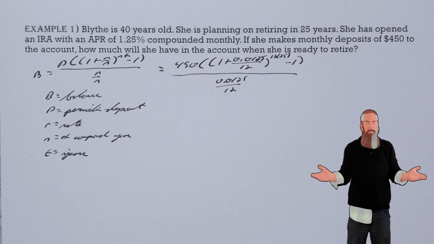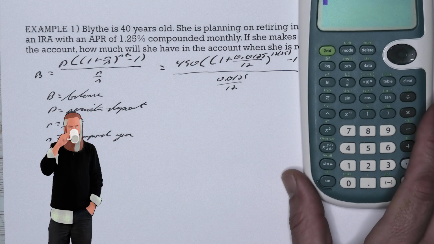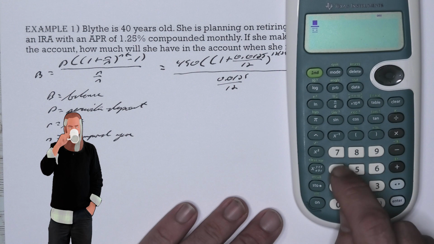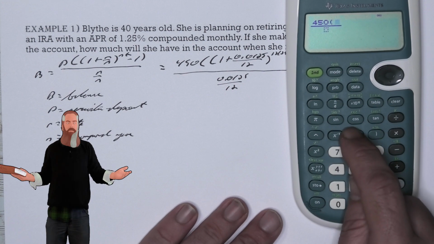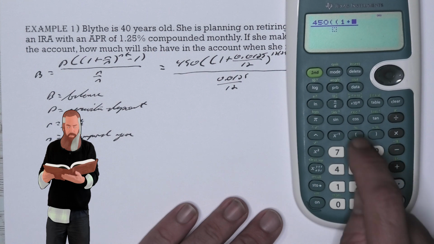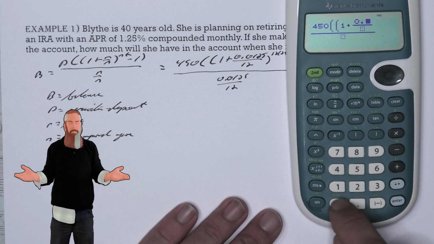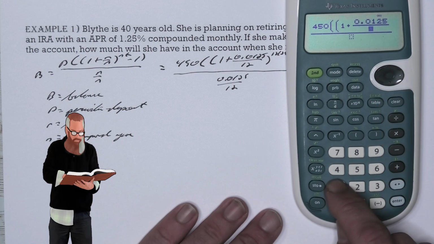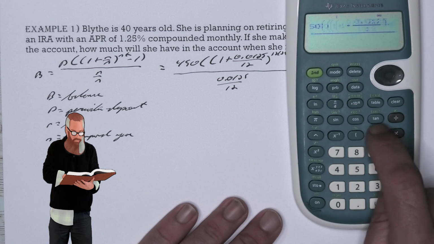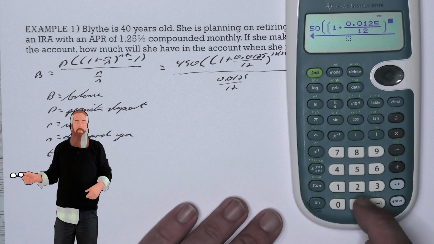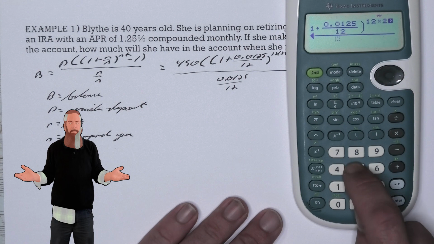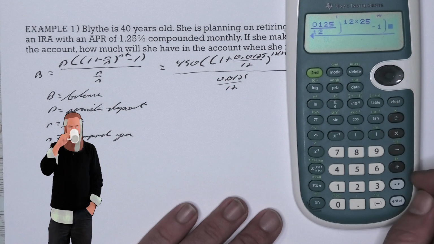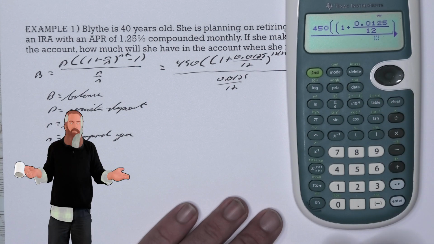To calculate this one, I'm going to be using my Texas Instruments TI-30XS. I'm going to hit the fraction button, 450, parenthesis, 1 plus fraction button, 0.0125, down arrow for the denominator, 12 in the denominator, right arrow, close a parenthesis, fraction, which is the up arrow button, 12 times 25, right arrow to come out of the exponent, minus 1, close the parenthesis that is the numerator.